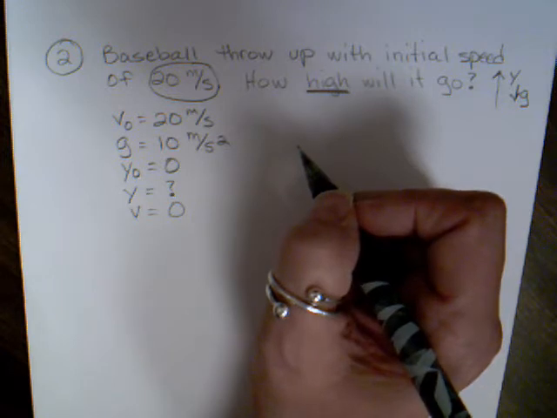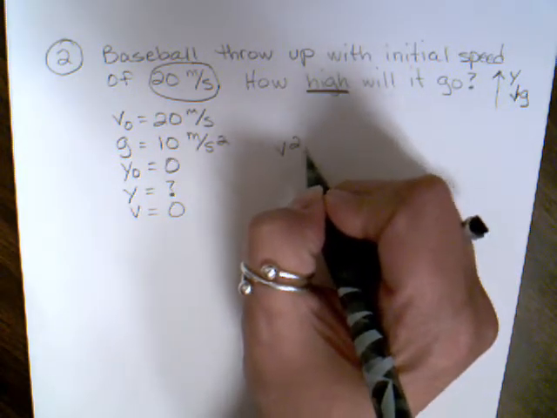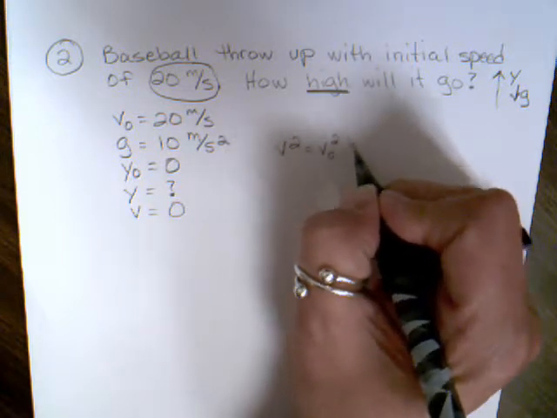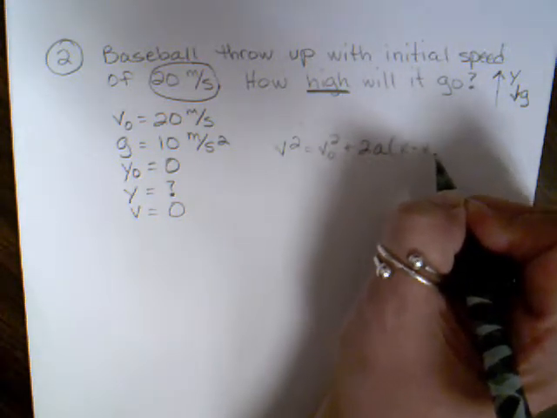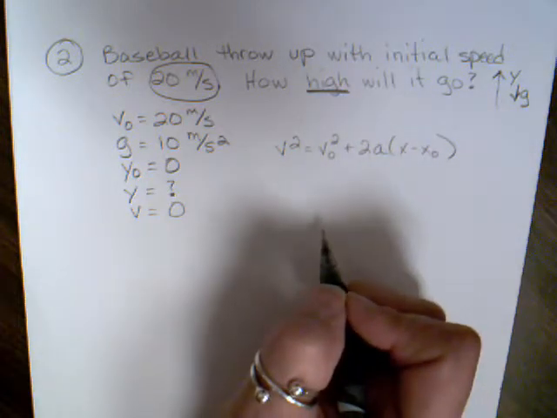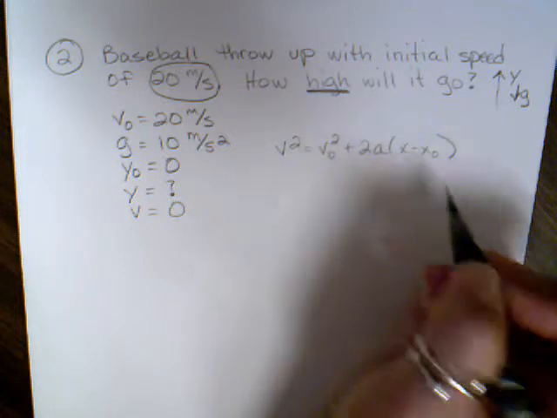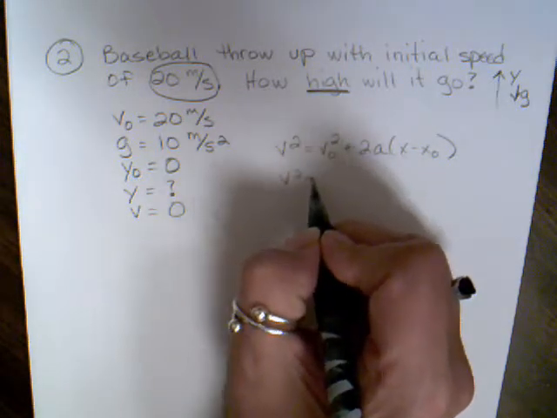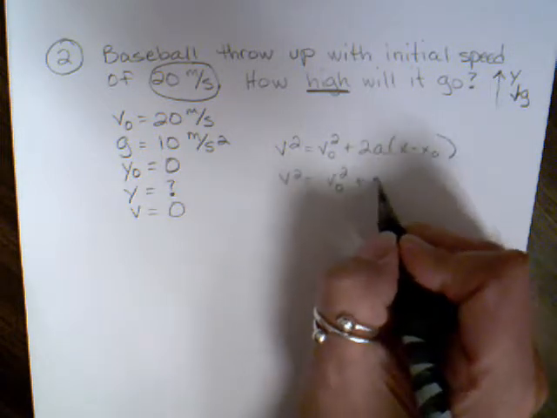So I look at these formulas, and I'm going to use formula number 5. V squared equals V naught squared plus 2a times x minus x naught. This is how it was written as I gave you. But see these x's right here? They can just as easily be written as y's. This a right here can be written as g.